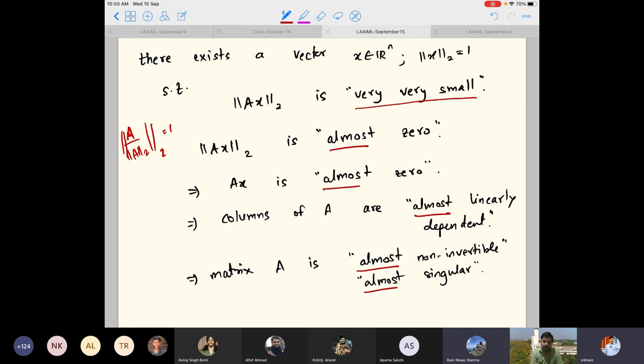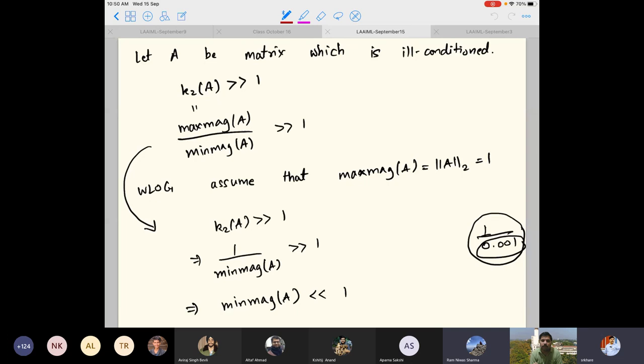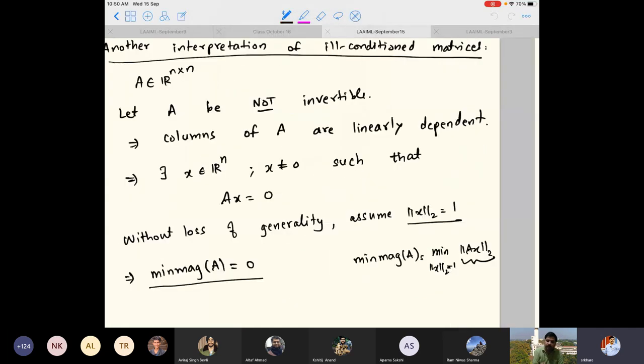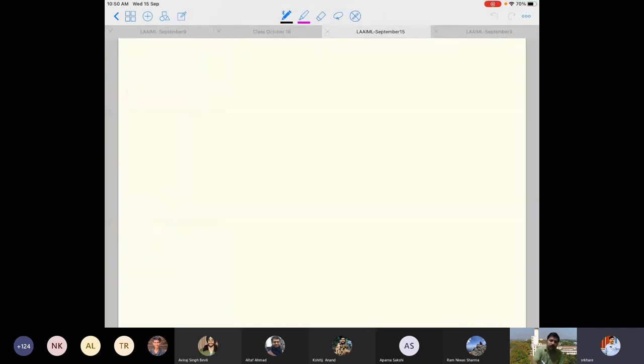Sir, did we already prove that if the columns of A are orthogonal, then the condition number K2 is really very good? Yeah, we already proved it, right? Why did we prove it? Because if you remember a result of orthogonal matrices, what was the result that we had seen? The result was that norm of Qx is equal to norm of x for every x in R^n.